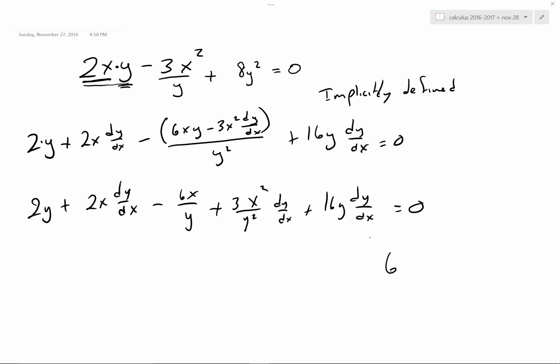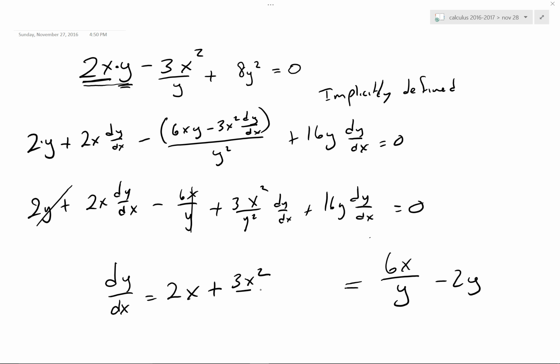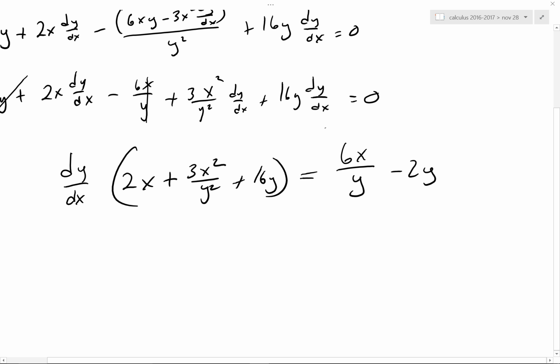So it's going to be 6xy and then everything on this side has a dy dx left over. So to solve for dy dx, I divide by that.